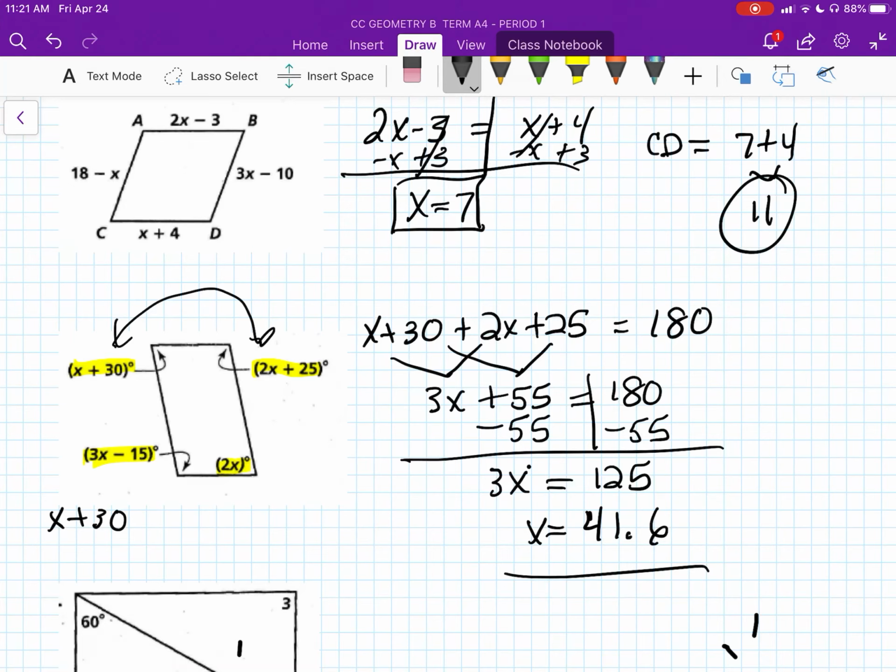And they have to give me 180. If I subtract here, I get 180. I don't know where I made my mistake. So x plus 30, I'm just going to keep going. So x plus 30 is supposed to be equal to 2x here.